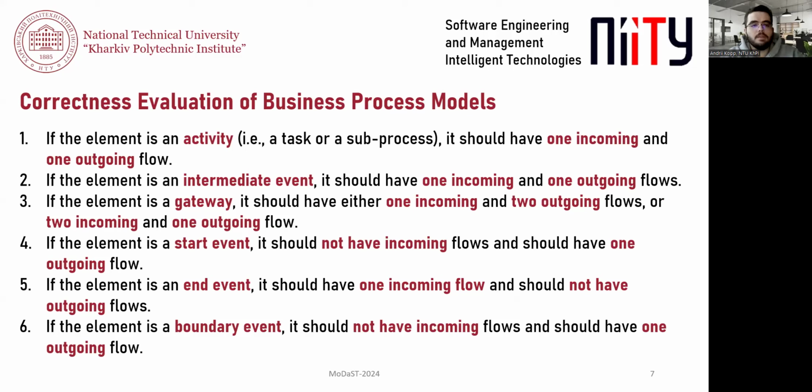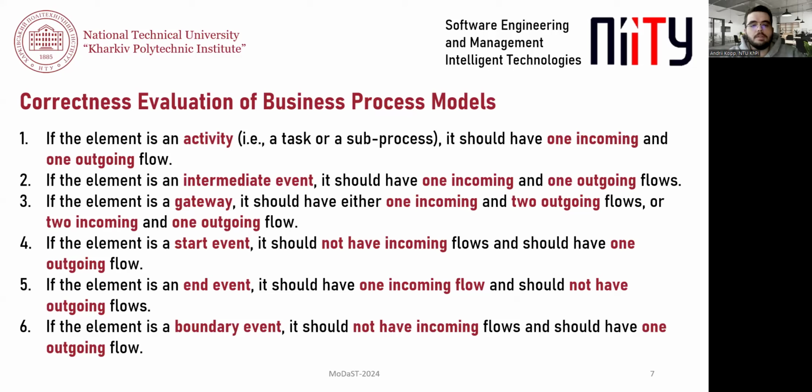Second rule says if the element is an intermediate event, it should have one incoming and one outgoing flow. Third rule says if the element is a gateway, it should have either one incoming and 2 outgoing flows for split gateways, or 2 incoming and 1 outgoing flow for join gateways.